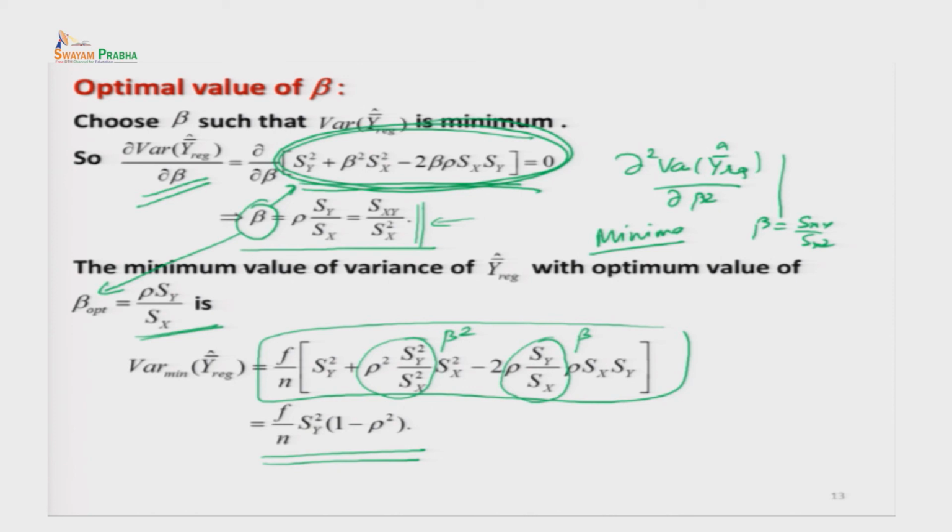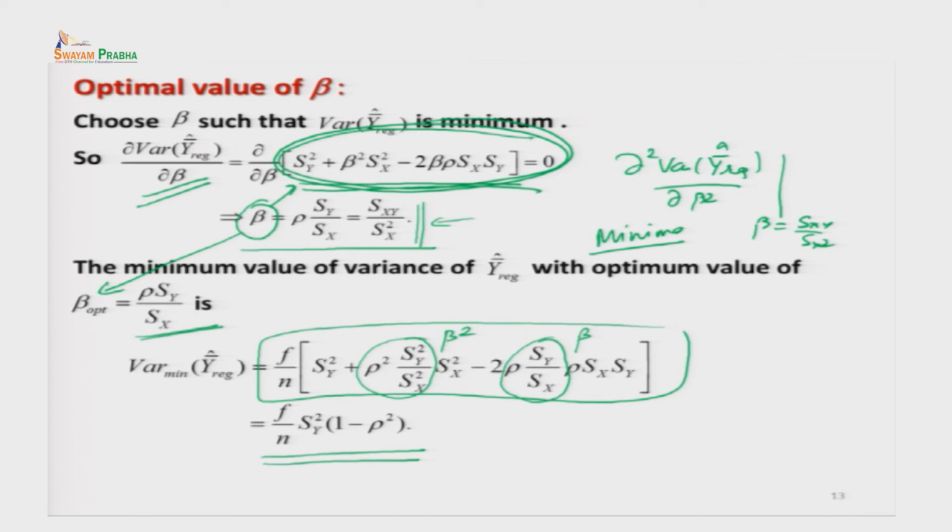So, this tries to answer the question: when I say that beta is pre-assigned, that means beta is known to us. Different people will give us different values of beta. So, a natural question comes: which value of beta is going to give us the minimum variability?